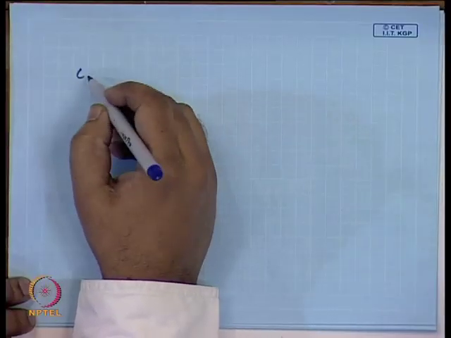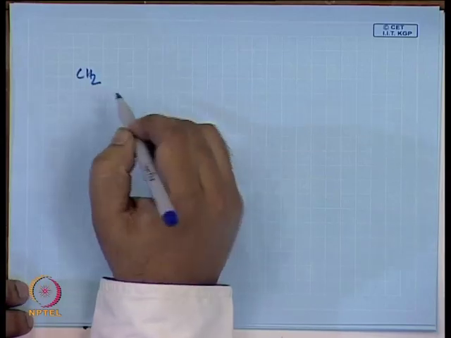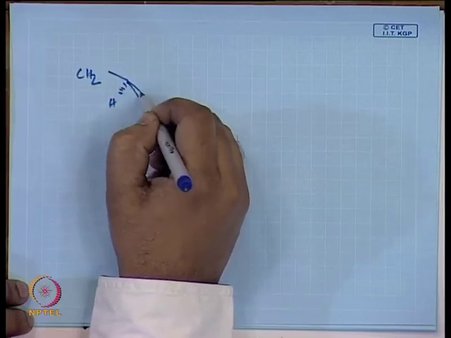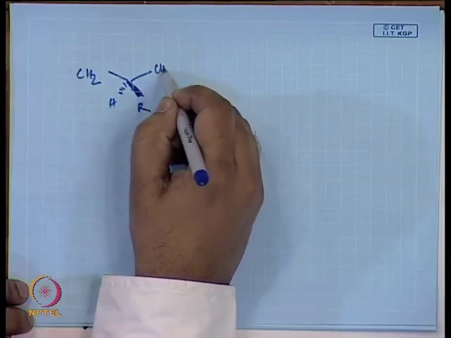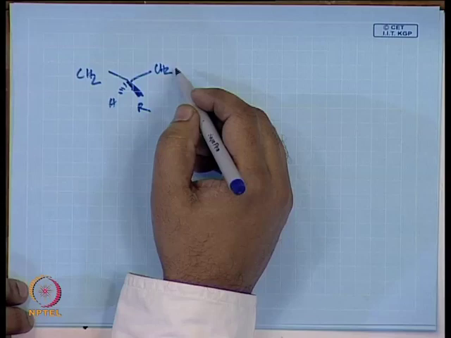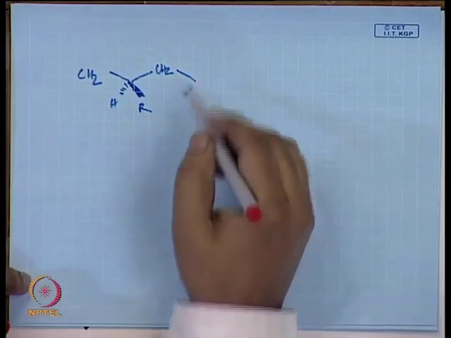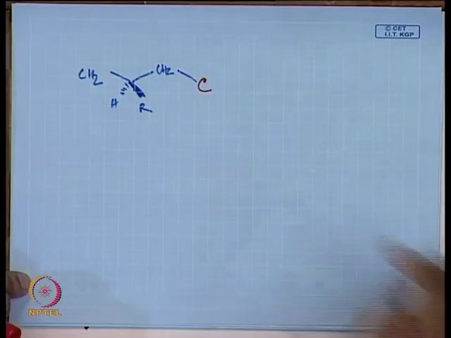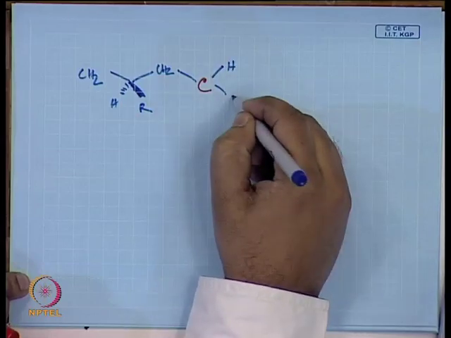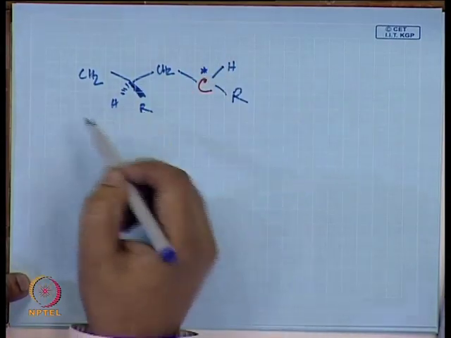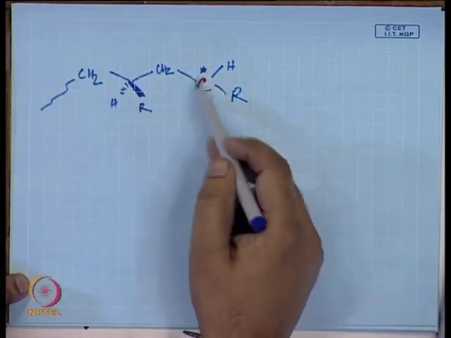For example, if I consider the case of the terminal carbon atom, which is the active center, let us consider this is a propagating chain.